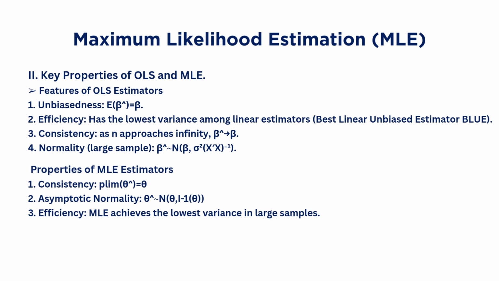For efficiency, it has the lowest variance among linear estimators. For normality, beta hat is normal with mean beta and variance sigma square (X dash X) whole inverse.